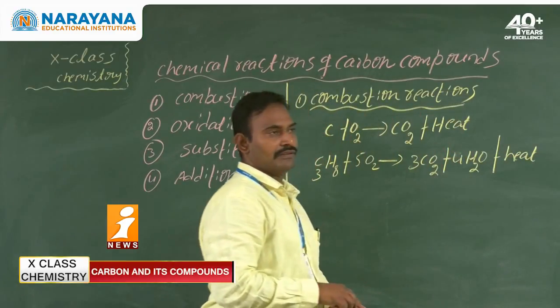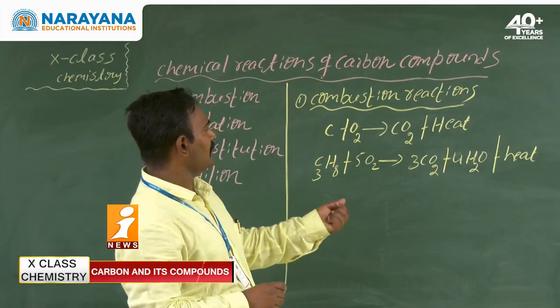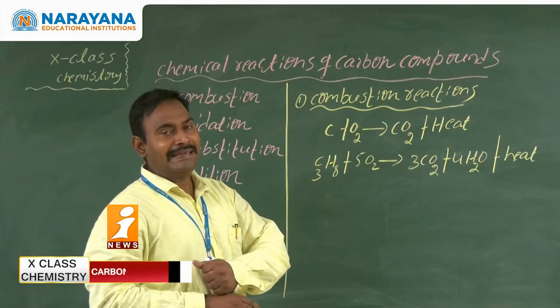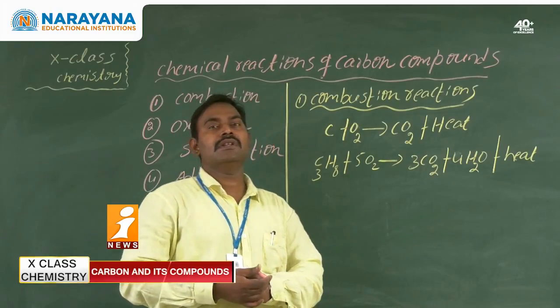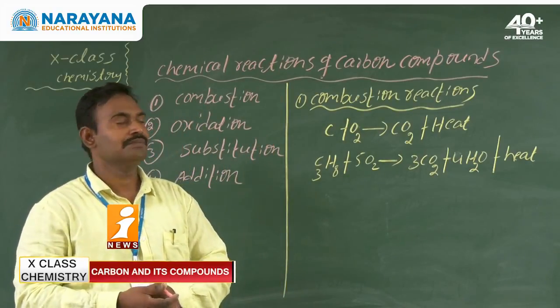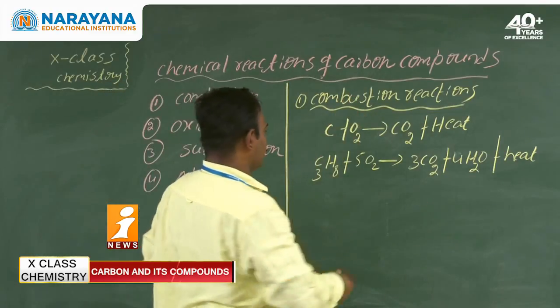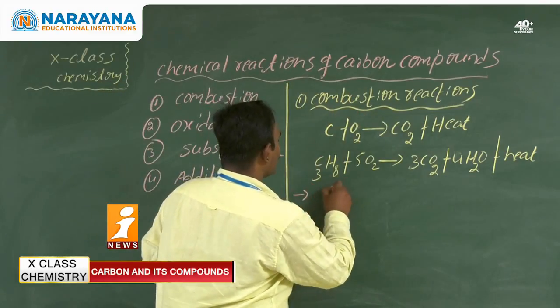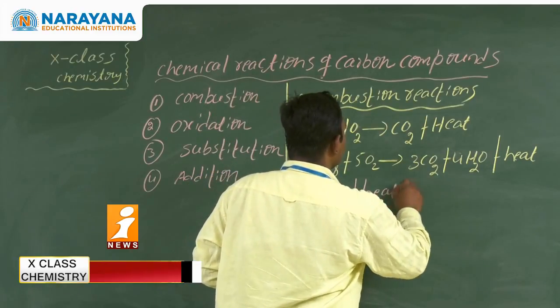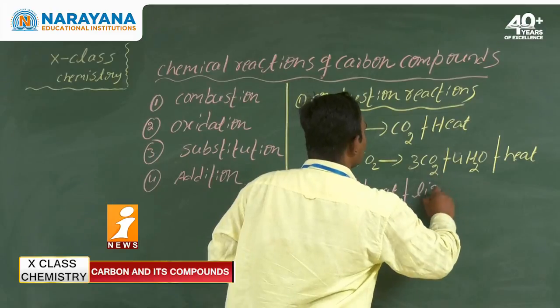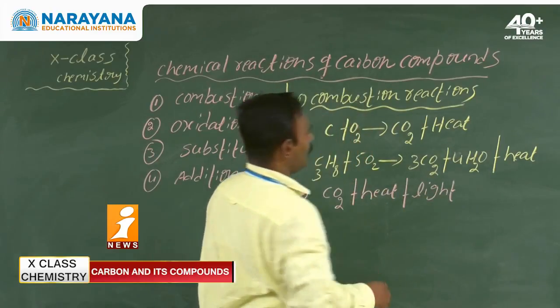So all the combustion reactions are exothermic in nature. What is exothermic? These reactions proceed with the release of heat energy. So the main product is carbon dioxide, and heat energy and light energy are also evolved.